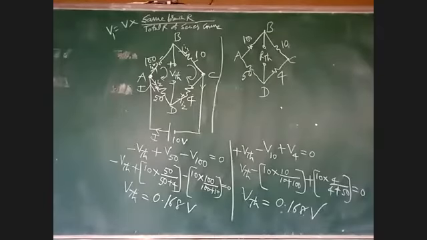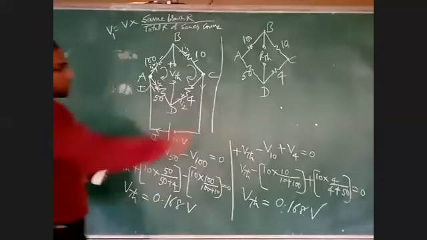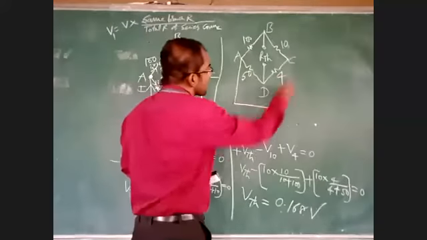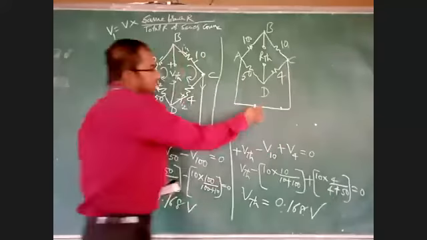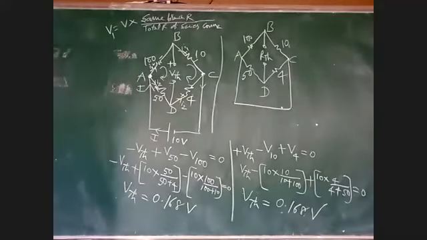Voltage sources will be short circuited and current sources will be open circuited. In this problem there are no current sources, only one voltage source, that is 10 volts. I will short this voltage source. See here, I have shorted it. For determining RTH, short all voltage sources and open all current sources. There is no current source here.